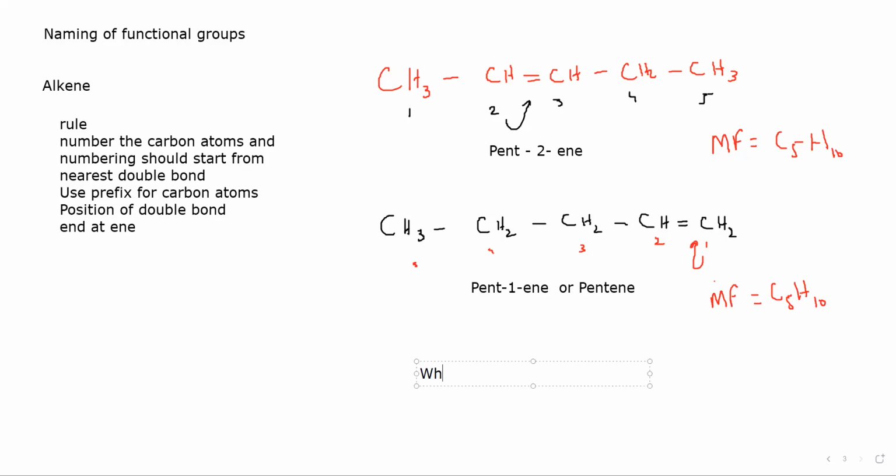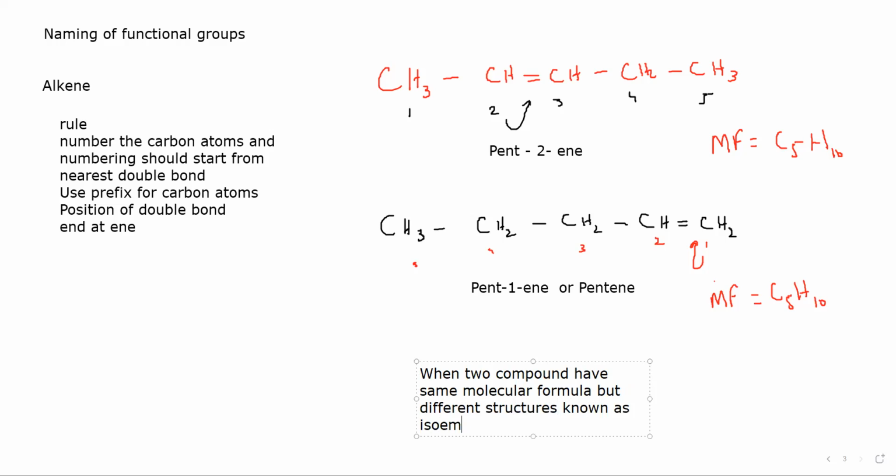So pent-1-ene and pent-2-ene are isomers of each other.